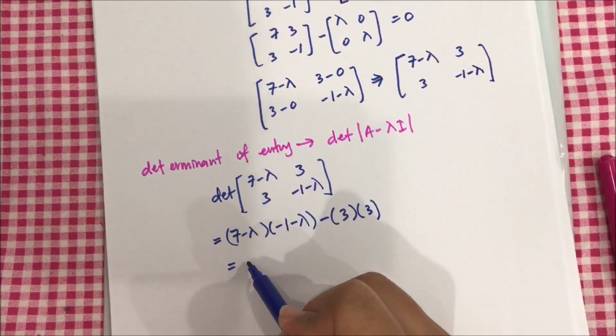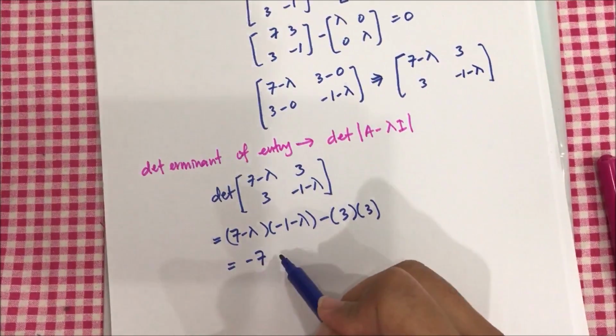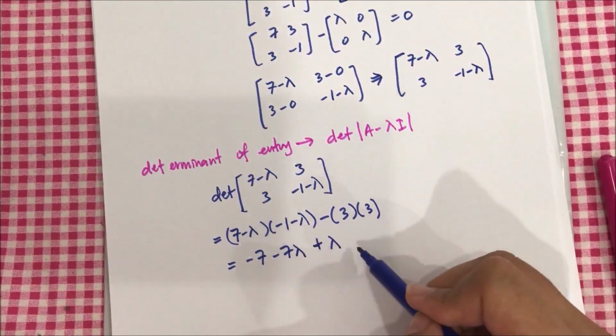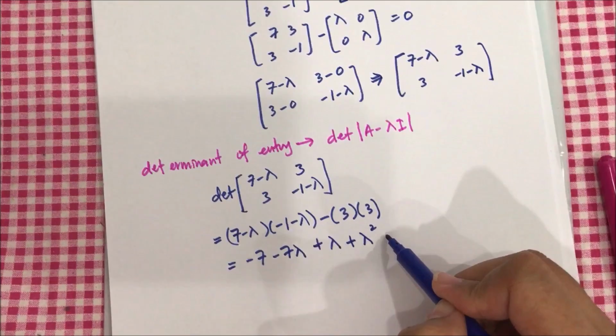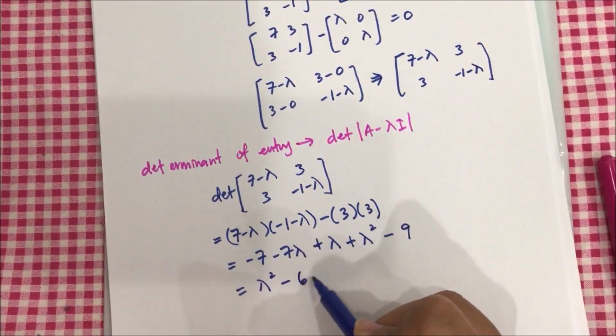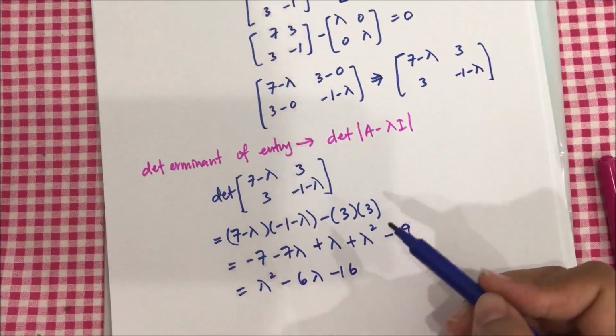Then we get negative 7 plus lambda plus lambda square minus 9, and then we get lambda square minus 6 lambda minus 16.